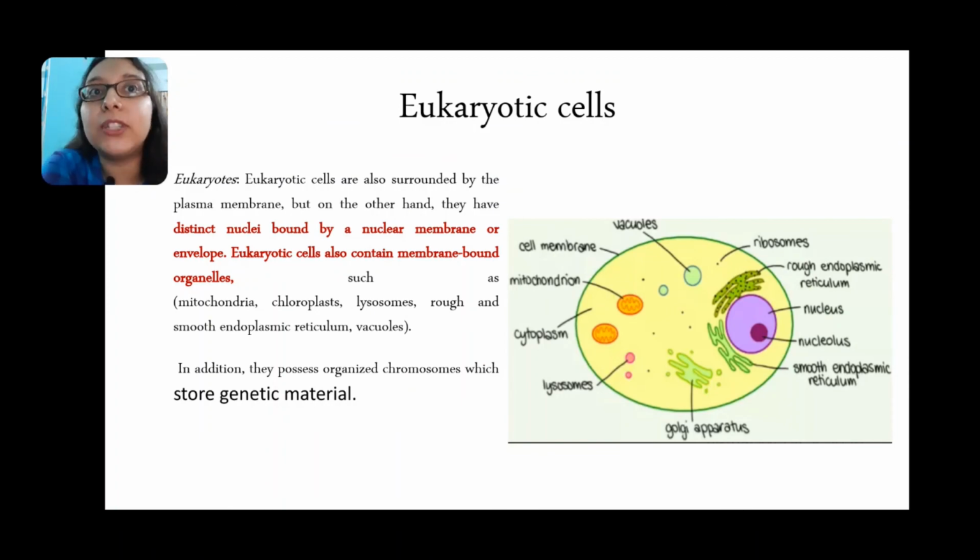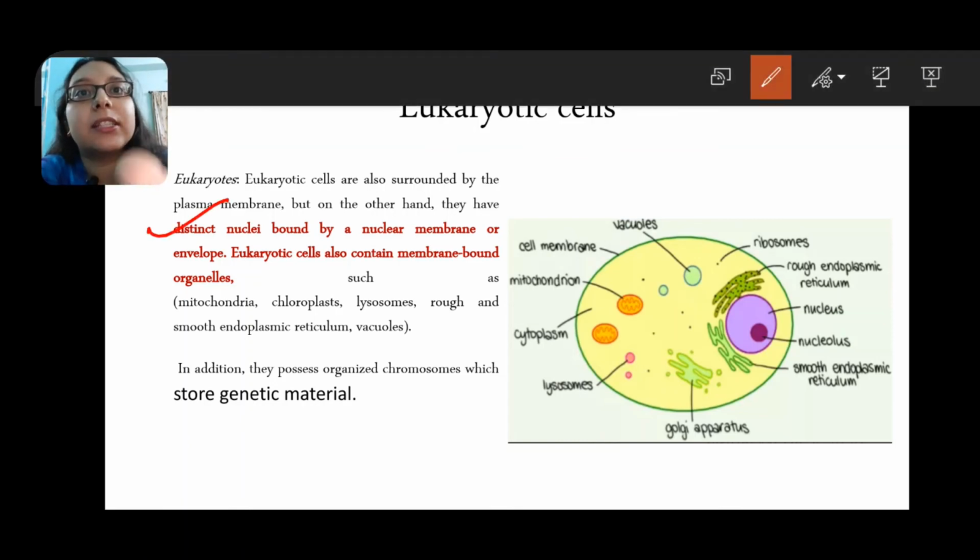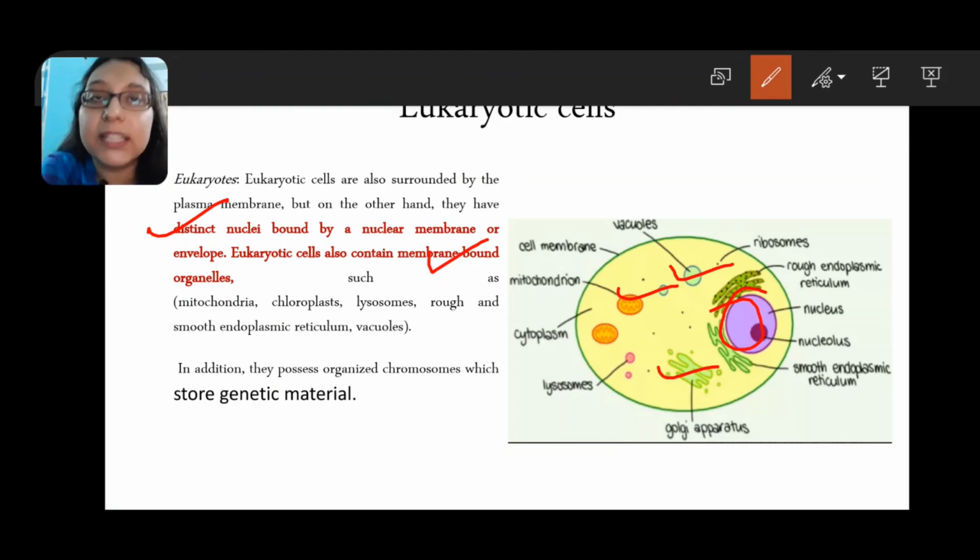So eukaryotic cells also have some features which differentiate them from the prokaryotes. What are they? They have a distinct nucleus, which is bound by a distinct nuclear membrane, right? Then we have membrane-bound organelles, which are present within these eukaryotic cells but were absent in the prokaryotic cells.